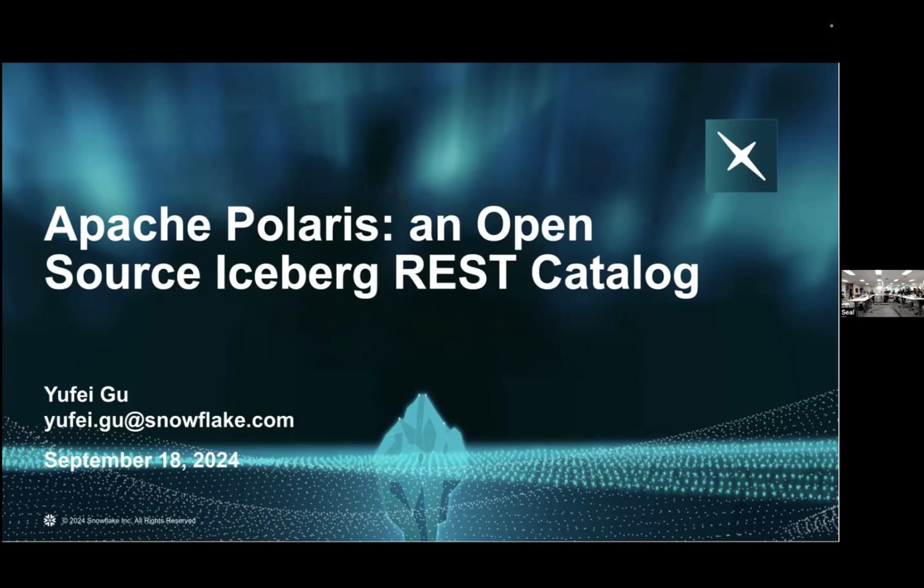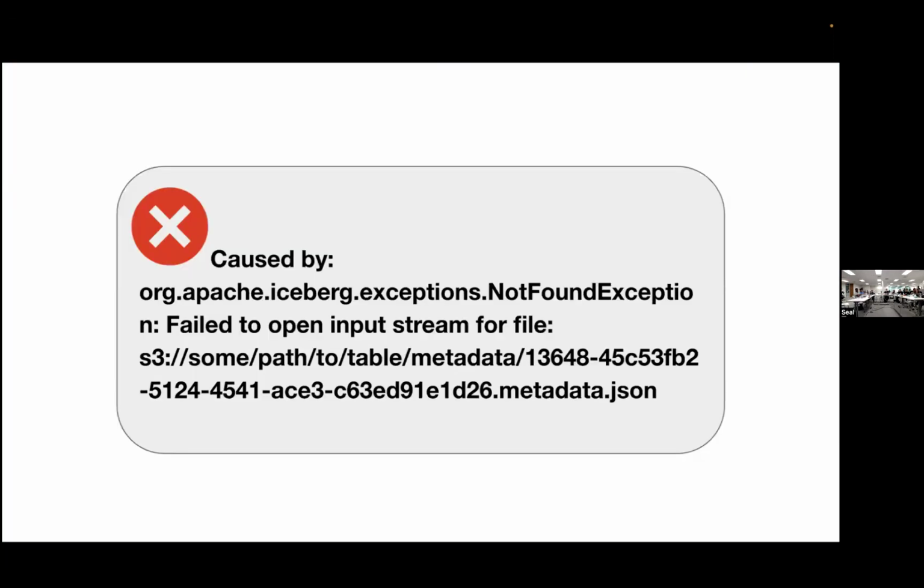About a few years ago, it was a Friday afternoon. I got a ping from one of our users saying their table's metadata.json file was missing. I immediately realized it's a really terrible situation because the whole table is not available.